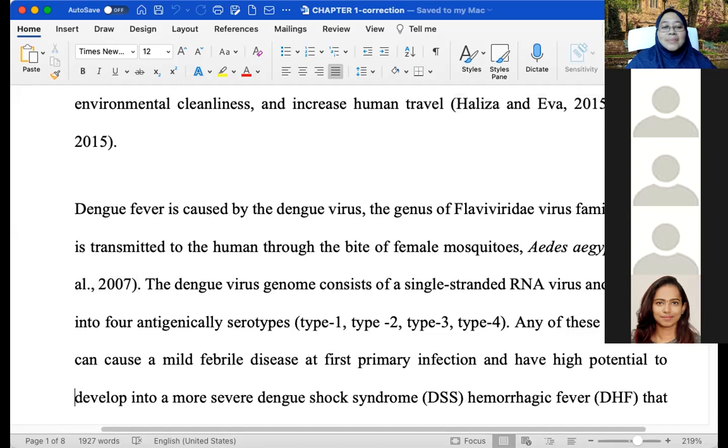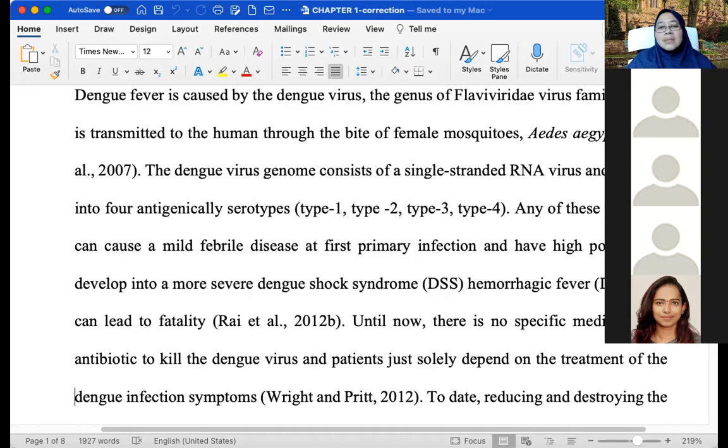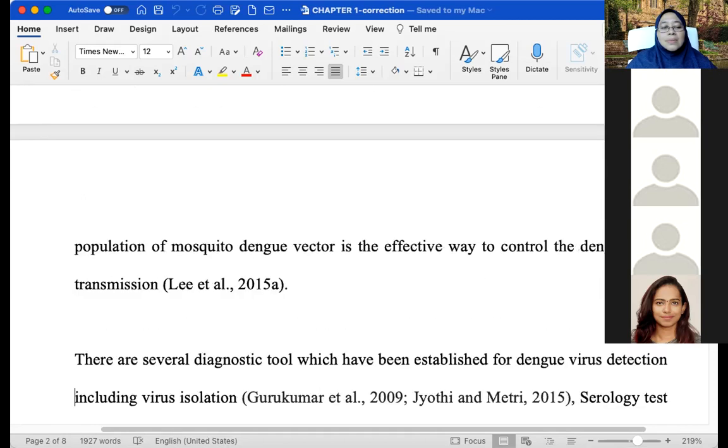Remember that the thesis has to go through similarity checks, you know already. So it's not like you can just copy and paste it. It has to be your storyline. So you talk about types of dengue.